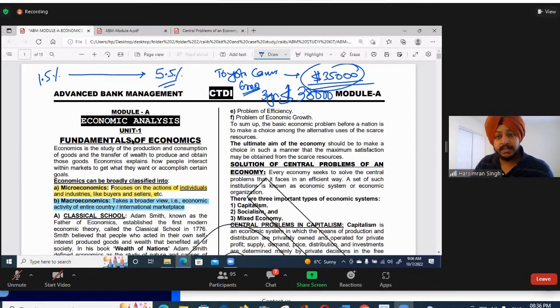So how will they kill the madness? They simply increased the rate of interest. So when the interest rate is so high, you cannot afford to buy the product. What will happen? You will sit at your home and relax. You will not buy the car.